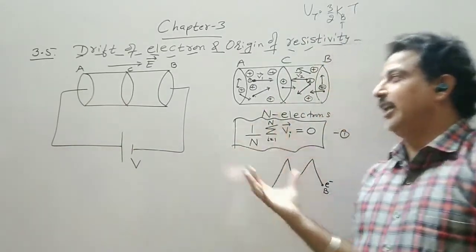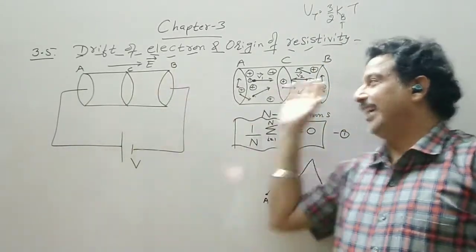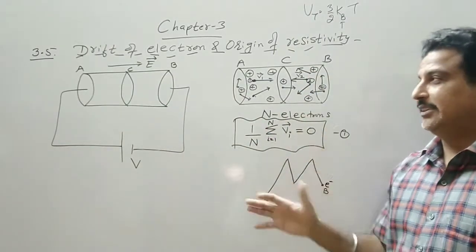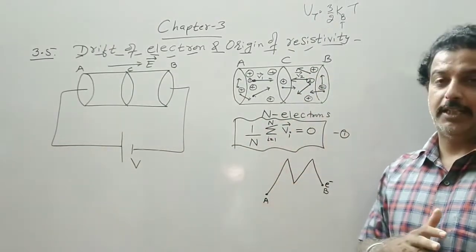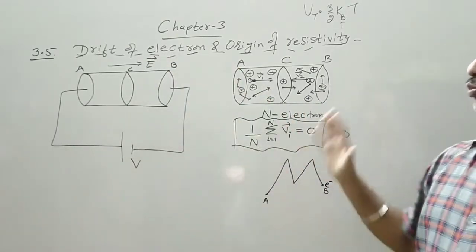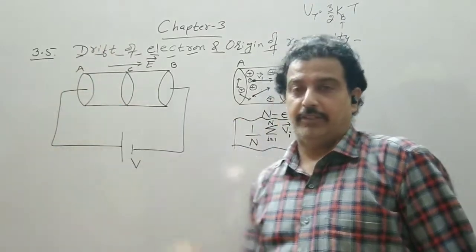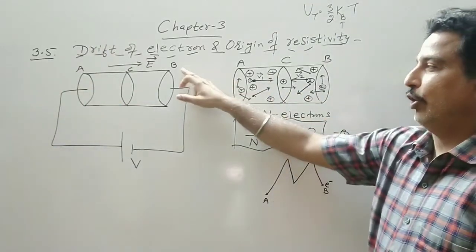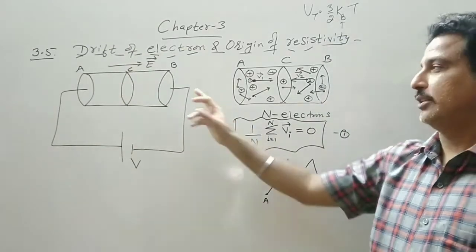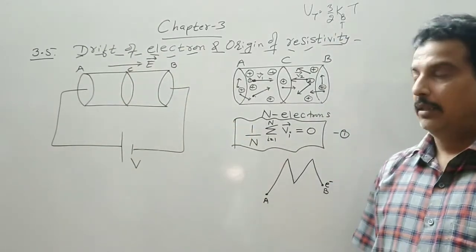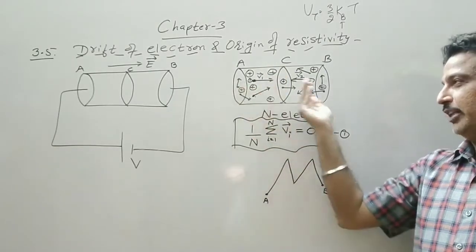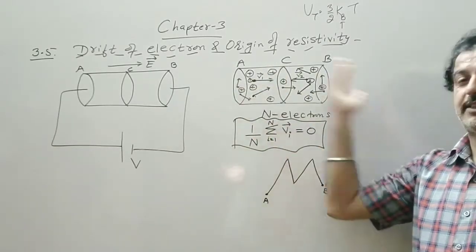All the electrons inside it have no choice, but will be accelerated under the influence of the electric field towards the left, from cross section B to A. So there will be no electron moving in this direction.